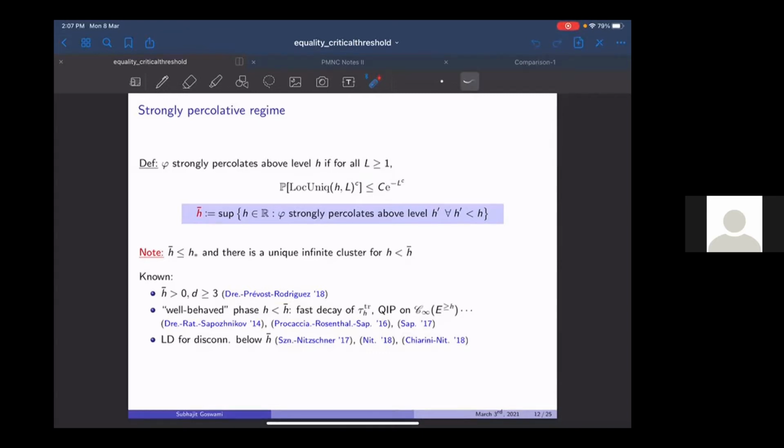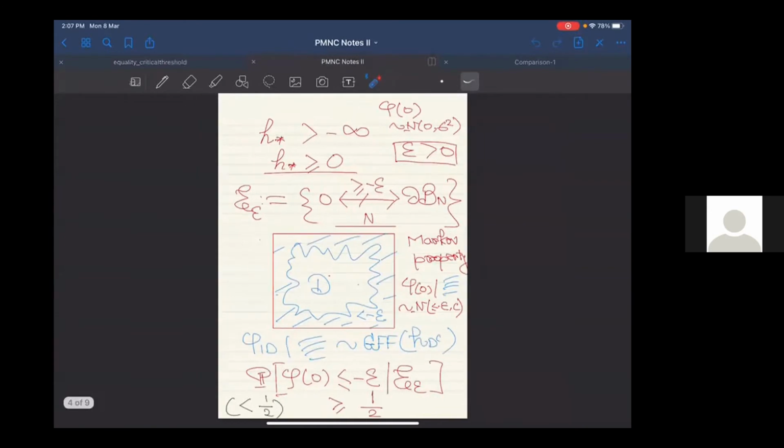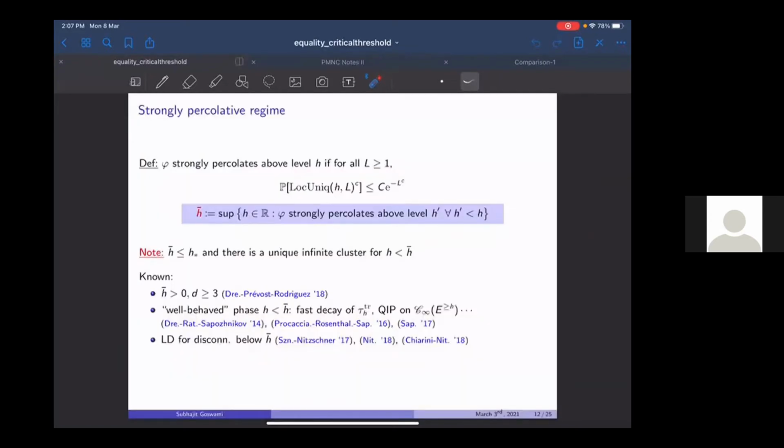At the end of today's lecture, hopefully, you'll know that, given what I told you last time, I showed this argument, that h* is non-negative. And at the end of today's talk, I'll probably be able to convince you that h bar equals h*. So you'll automatically know that h bar is bigger than or equal to 0. But this is something much stronger. It says it's strictly bigger than 0.